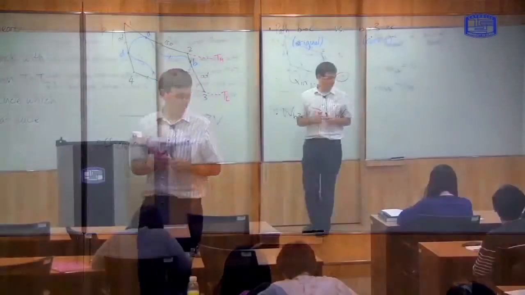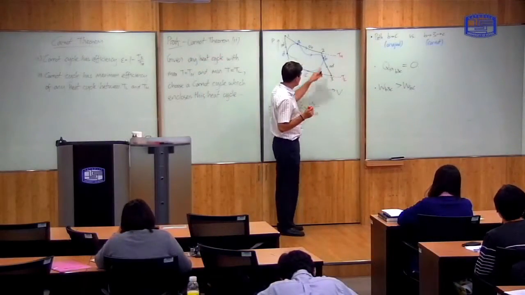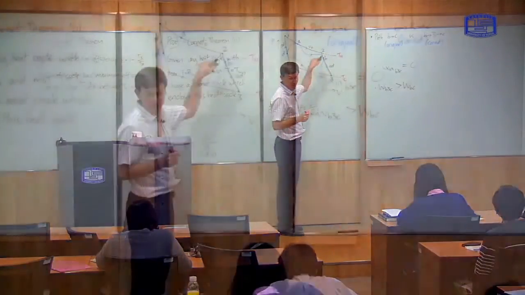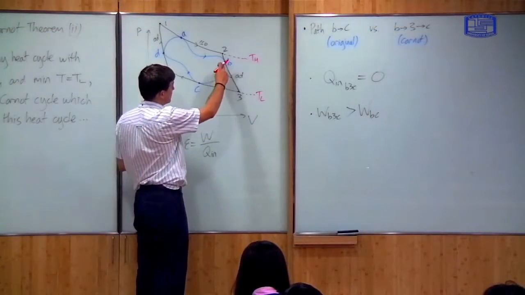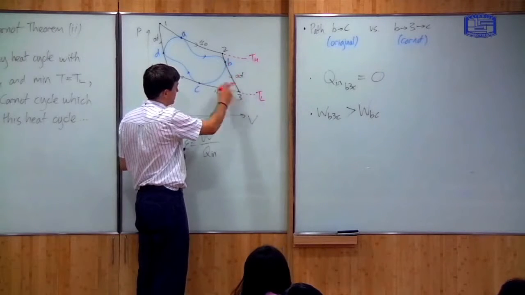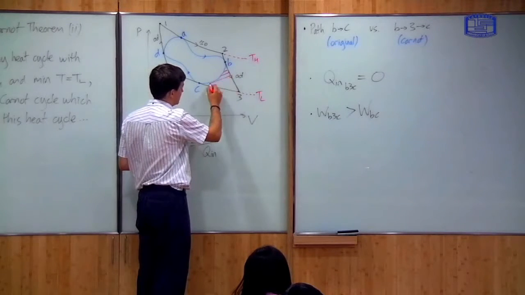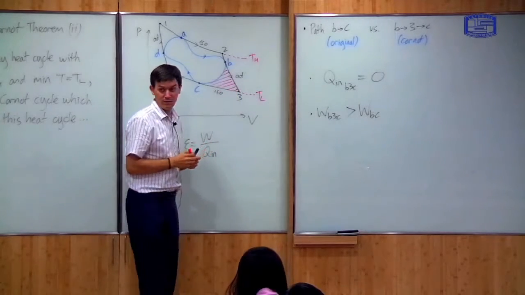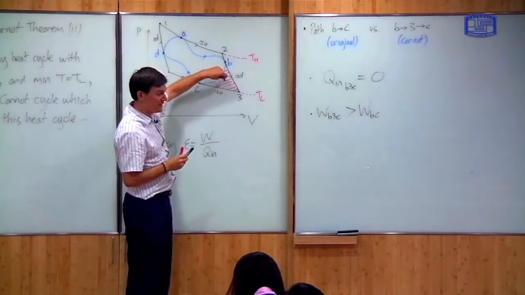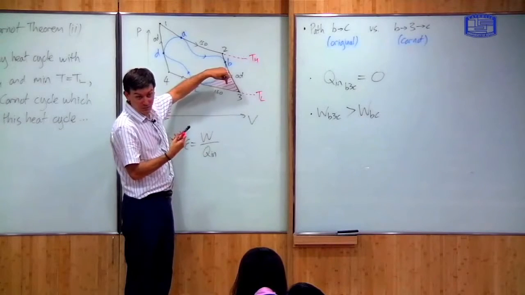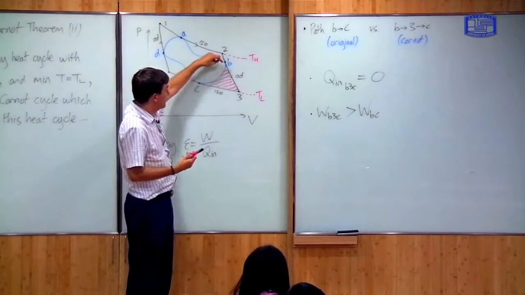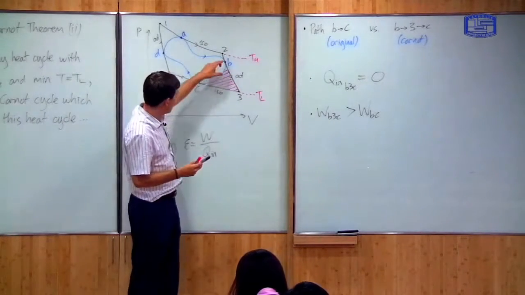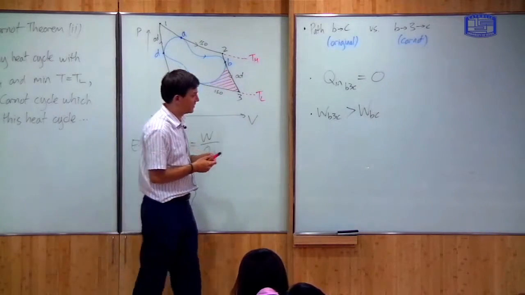Well, remember that work we interpreted as the area inside the path. So the difference in work going along this blue path and along this black path is the area here. So the Carnot cycle has a bigger area, and therefore it does more work. The definition of work was the area of this path in the pressure volume diagram.